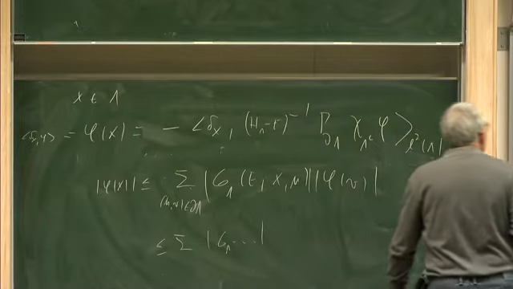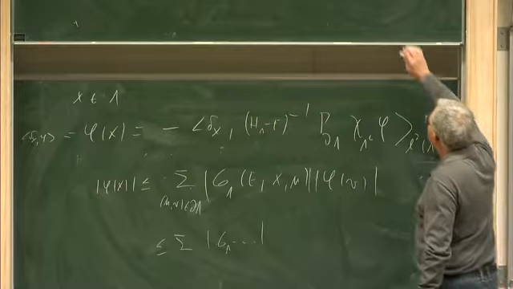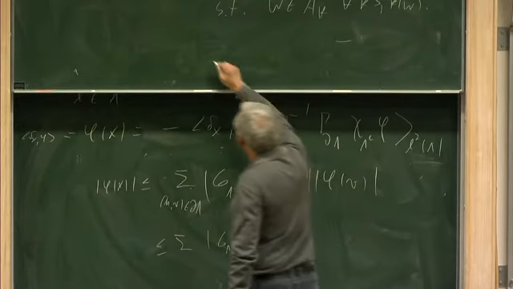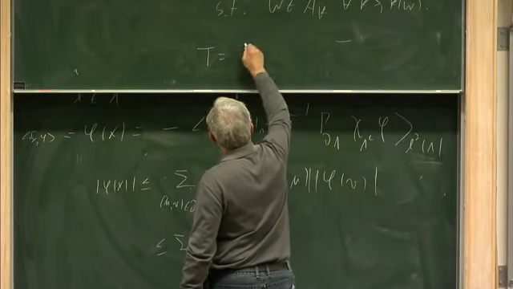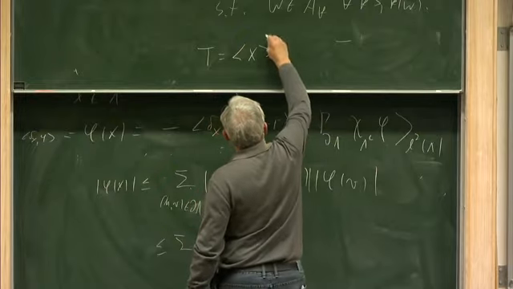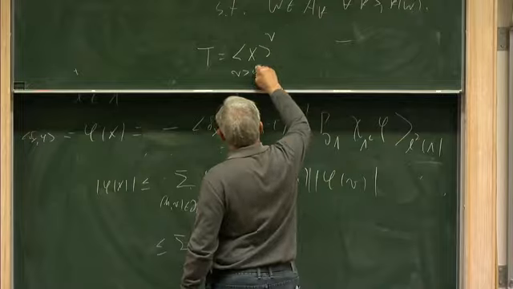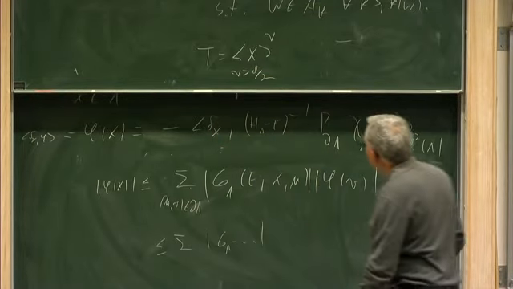I will now require, to simplify my life, I'll call T the operator of multiplication by x to the nu, where nu is something bigger than d over 2, which will be fixed.